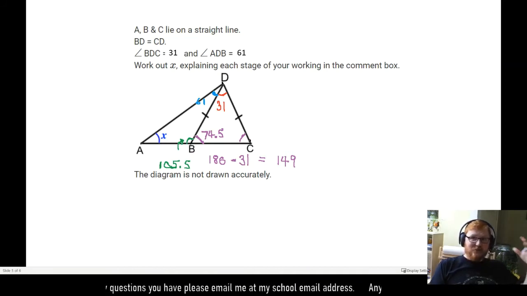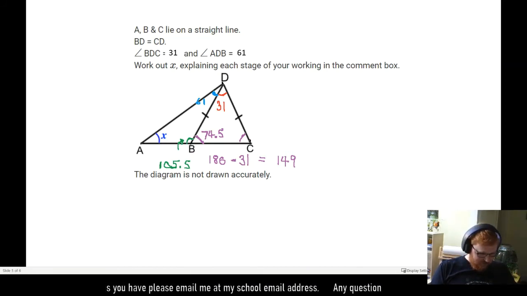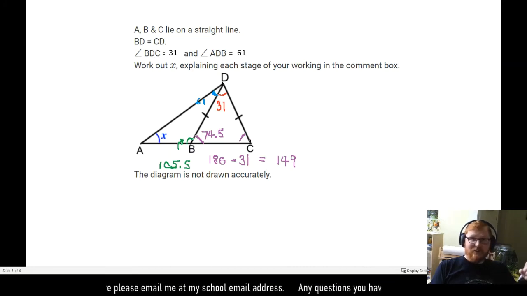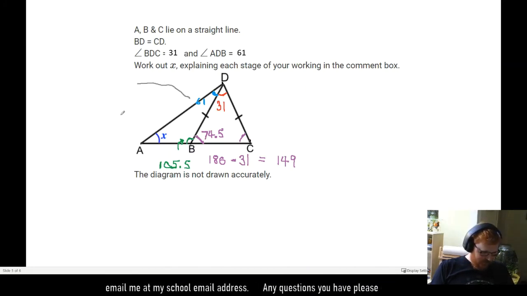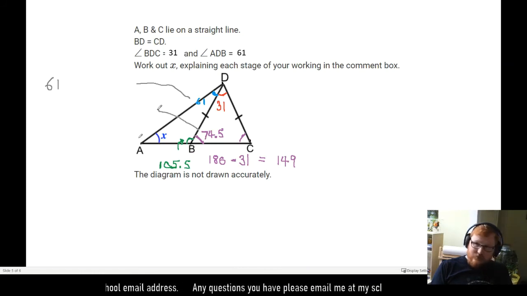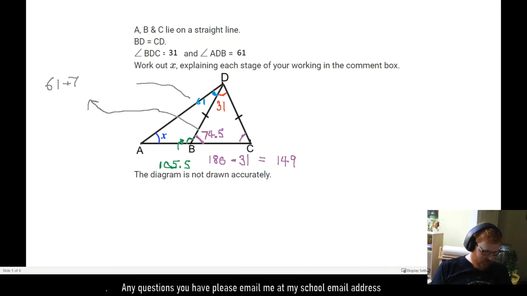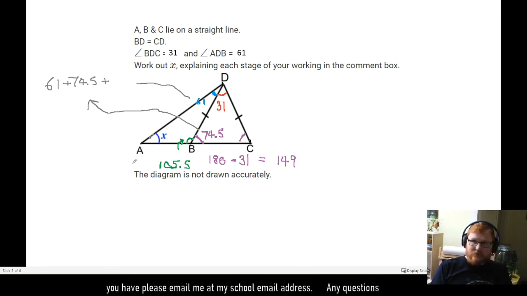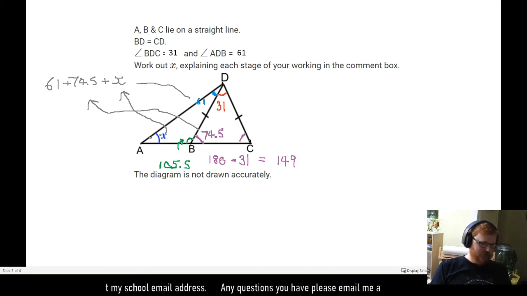Now I'm going to use angles inside a triangle, add up to 180 again. So what I know is this 61 plus this, oh, that's really horrible, 74.5 plus this. I can't see it, there's my pen. Way to confuse everybody. Yeah, those three angles add up to 180.